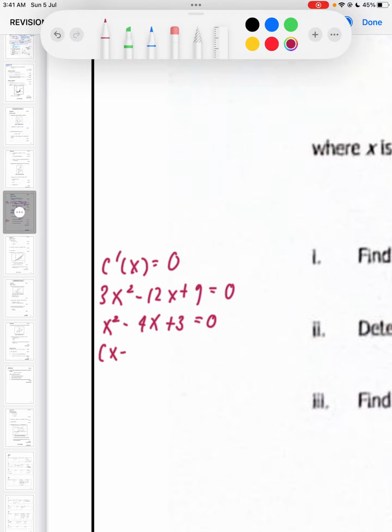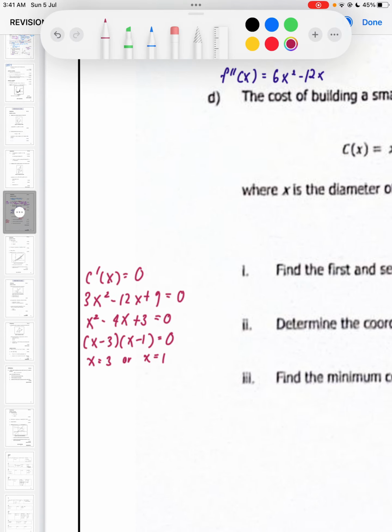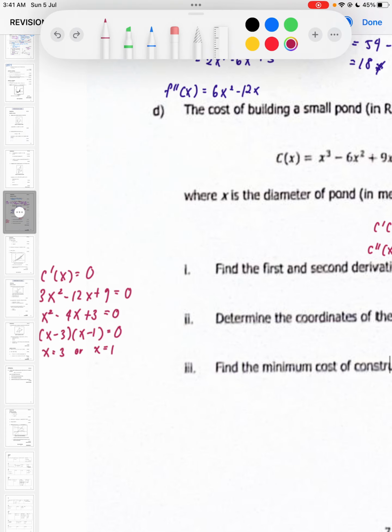So I'm going to get x minus 3 and also x minus 1 equals 0, where x is equal to 3 or x is equal to 1. So now we've already found our x coordinates. Let's use the x coordinates to find the y coordinates. I'm just going to substitute the x coordinates into the original equation.